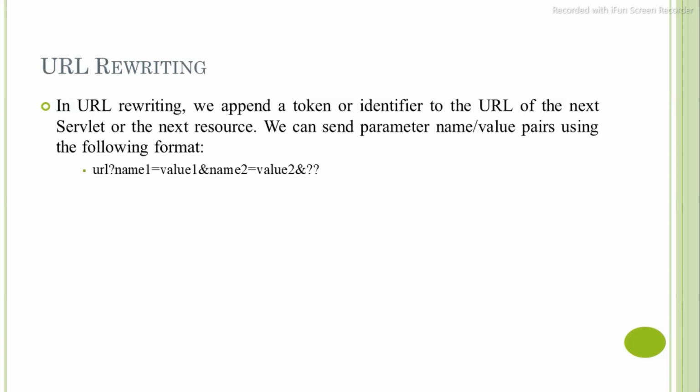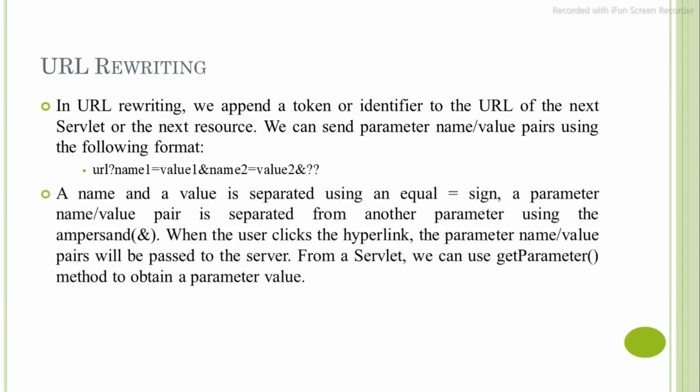URL rewriting. In URL rewriting, we append a token or identifier to the URL of the next servlet or the next resource. We send parameter name and value pairs using the following format: URL?name1=value1&name2=value2. A name and a value are separated using an equal sign.